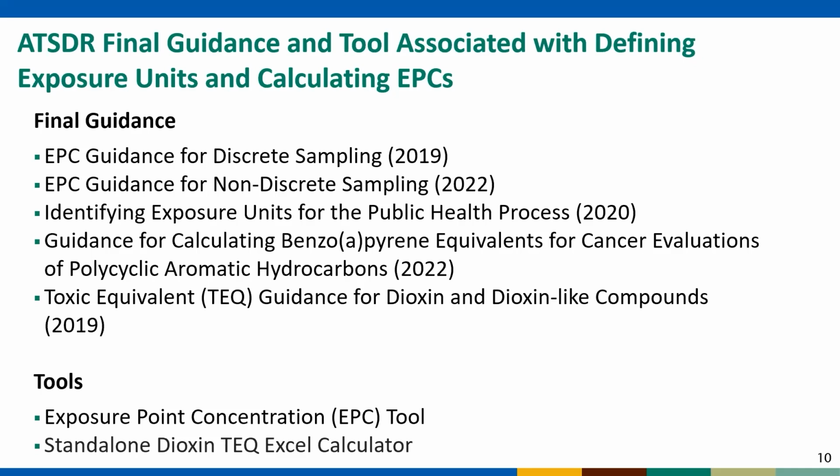ATSDR health assessors and partners, and those involved in the PHA process, can gain access to guidance and tools in FAST by sending an email to phast@cdc.gov. Numerous guidance documents on these topics are available as well on the PHAGM resource page.